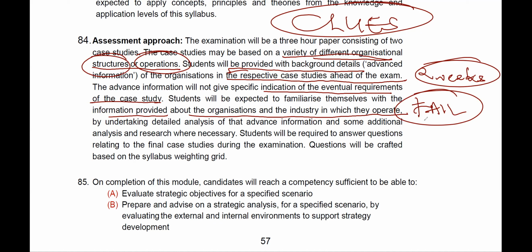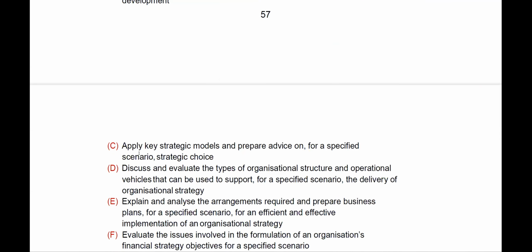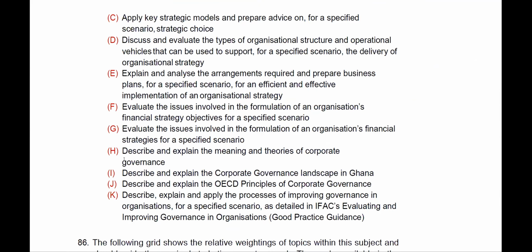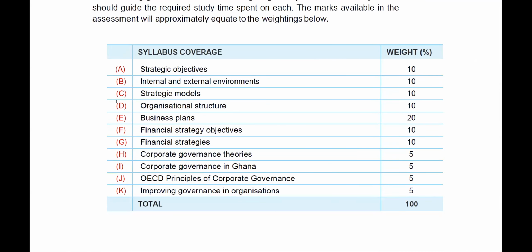You will be required to answer questions relating to the final case studies during the exam. And the questions will be crafted based on the syllabus grade. So the whole trick is knowing the syllabus grade and what will come there. And now, the syllabus grade is very funny. You see, when you come here, we say your strategic objectives, 10%, which is literally 10 marks.